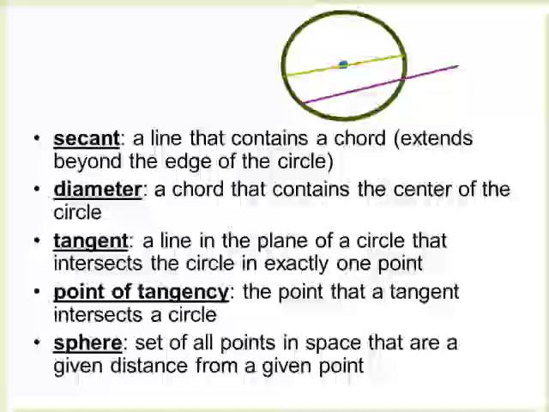A tangent is a line in the plane of a circle that intersects the circle in exactly one point. So a tangent line is a line that just brushes along a circle so that they share exactly one point in common.